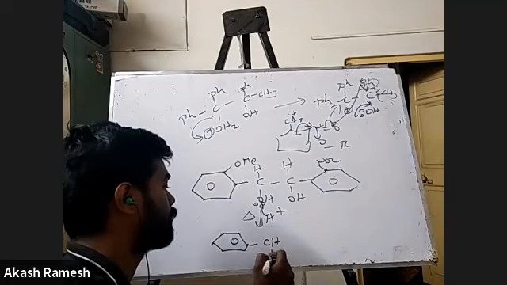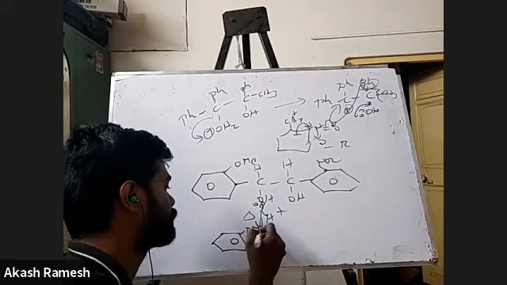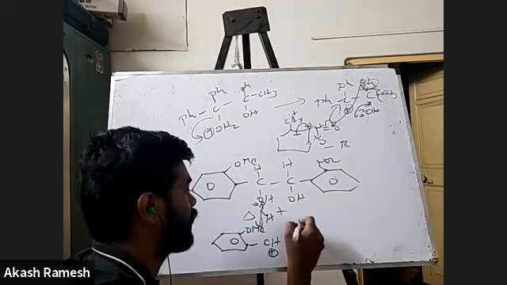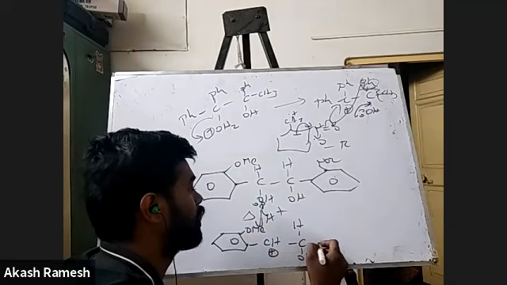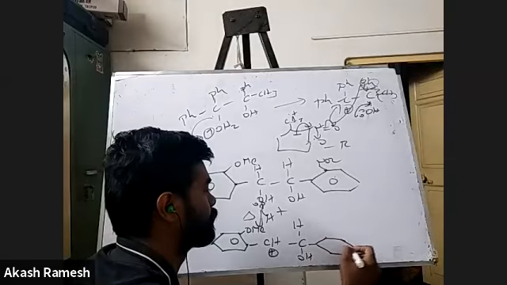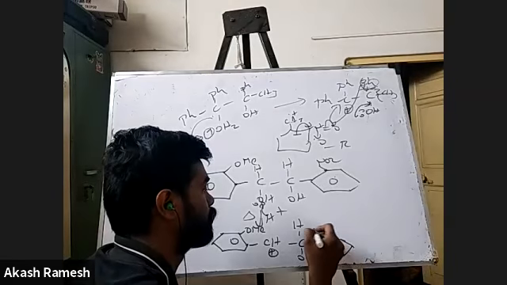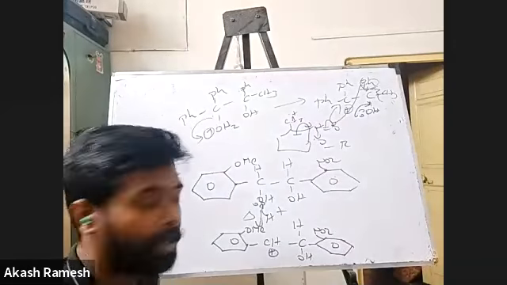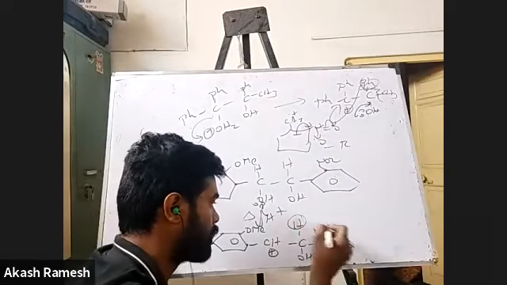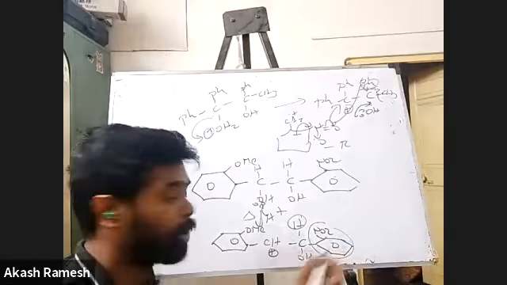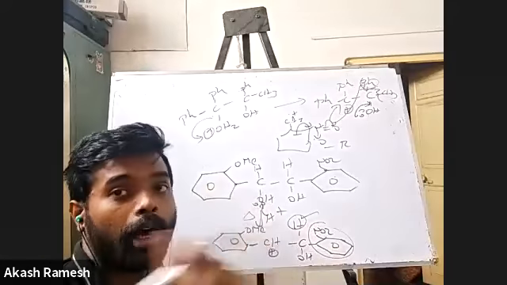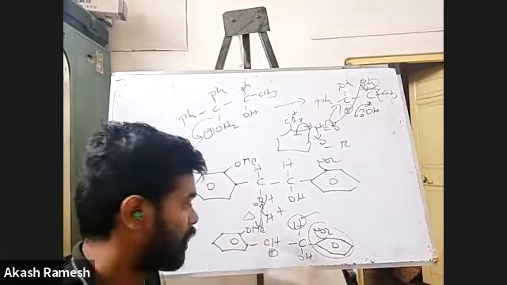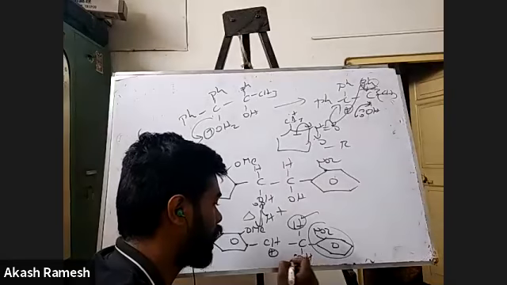CH plus, I have an OMe, and this has an H and an OH with an NO2. Okay, now the migration has to happen. The competition is going to be between these, and as I told you, hydrogen is the one which will migrate. How is it going to migrate? You will have a lone pair.